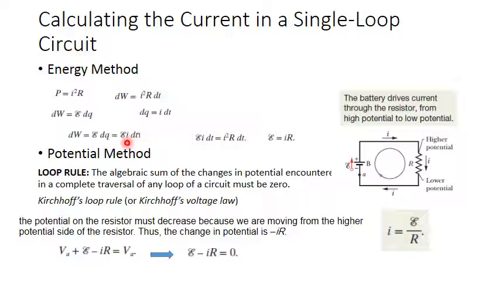So, by equating these two equations, we find that E multiplied by I multiplied by delta T equals I squared R multiplied by delta T. If we cancel this I and this delta T on both sides, we find out that the electromotive force, or the potential difference of the electromotive force, equals the potential difference on the resistance, I multiplied by R. So, in this case, we already calculated the current in a single loop circuit by using the energy method.